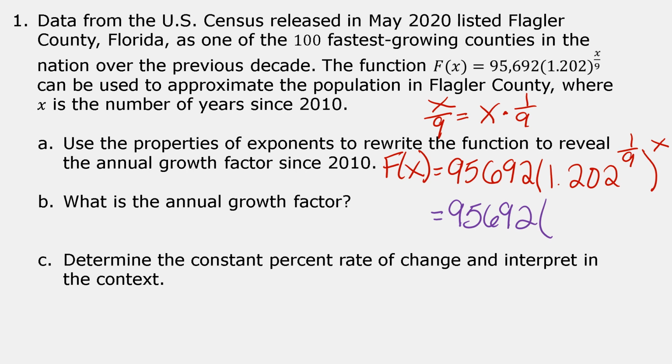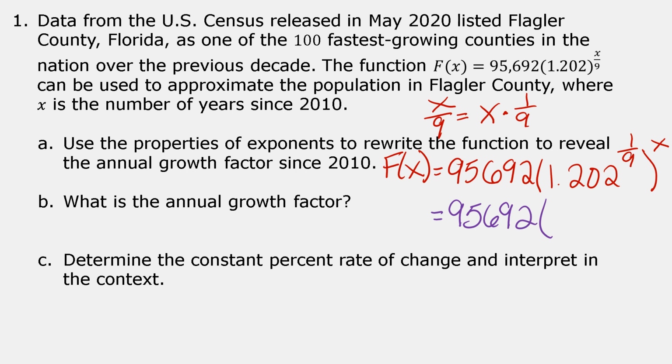If you need help plugging into your calculator, let me know. I'll help you. Round your answer to the nearest thousandth. Someone tell me what they get when they get it. What'd you say, Cushy? 0.134.